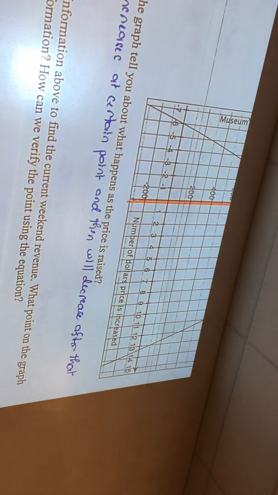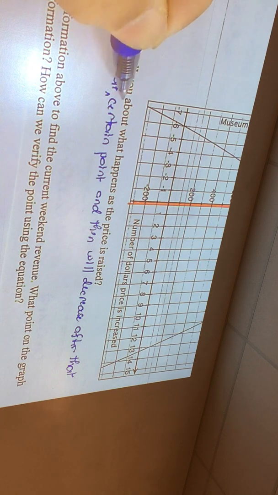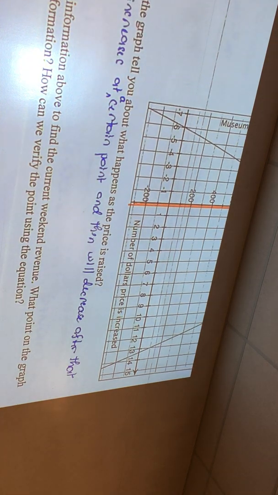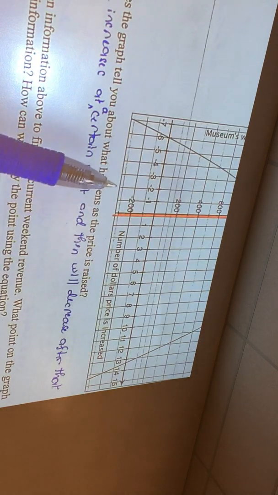So the revenue increases at a certain point, and then will decrease after that. Does that make sense? Can we see that clearly on the graph?